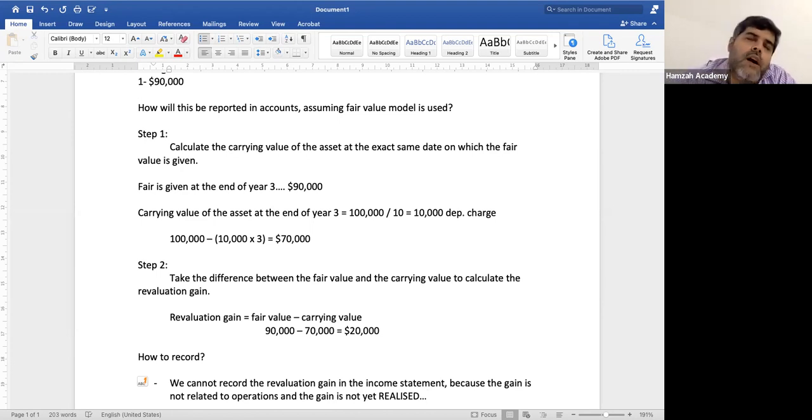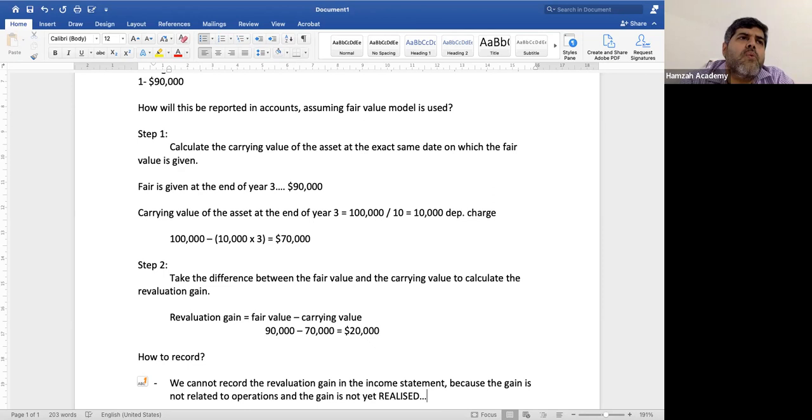We cannot record it in our income statement because it is not the normal sale or purchase of the business, or the normal activity of the business, because of which we could have straight away recorded it into our accounts. And secondly, the gain is not realized yet.